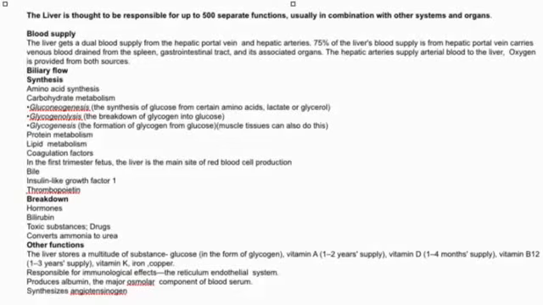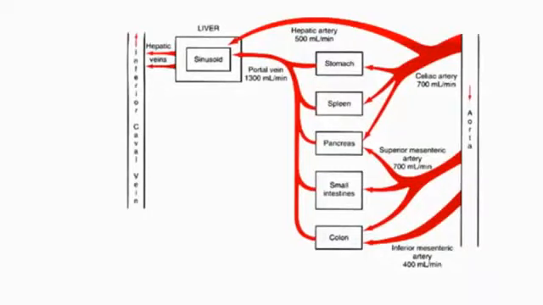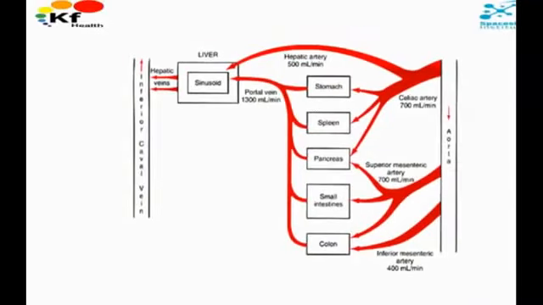So we start with the blood supply. Actually, the liver is supplied with blood from two systems: from the hepatic portal vein and from the hepatic arteries. The hepatic portal vein supplies the liver with 75% of the blood, and this blood is collected from all the splanchnic organs. These are the organs inside the abdomen cavity, and the organs in the lower part of our body.